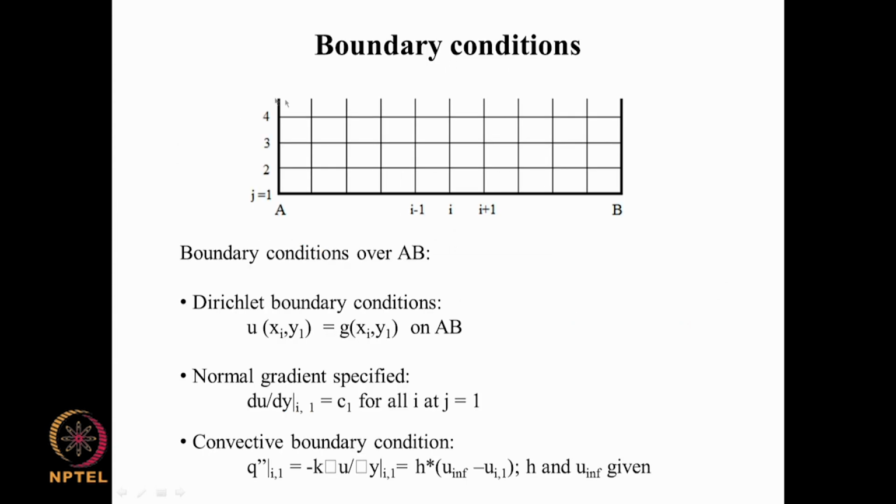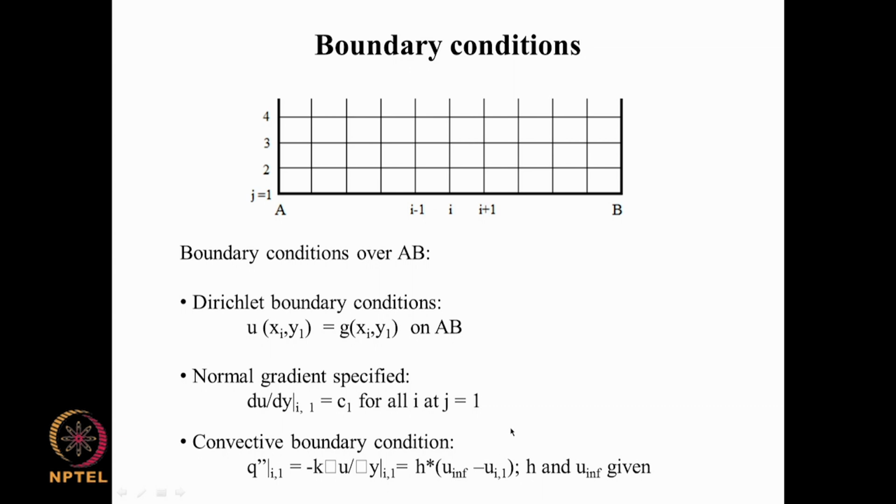And in the case of a boundary, we considered three different boundary conditions: the Dirichlet boundary condition in which the value of the variable is specified, and a Neumann boundary condition in which the normal gradient is specified, and we also considered the convective boundary condition, for example the heat flux given by a convective heat transfer coefficient specified, and a bulk value of the variable specified.